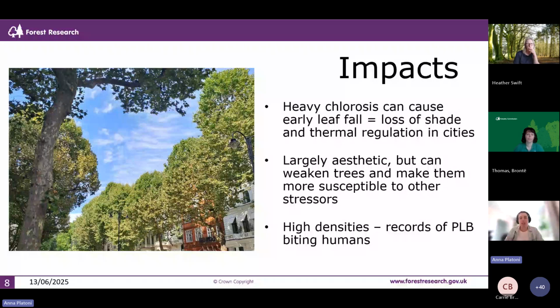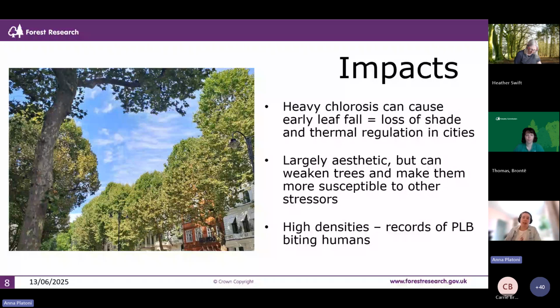And if we think about plane trees and their role in an urban environment, they play an important role in regulating temperatures and providing shade in cities. So they've got a lot of amenity value, and heavy infestations of this pest may impact that. Other than that, however, thankfully, the effects of this pest are largely aesthetic. So the browning of the leaves and the early leaf fall.